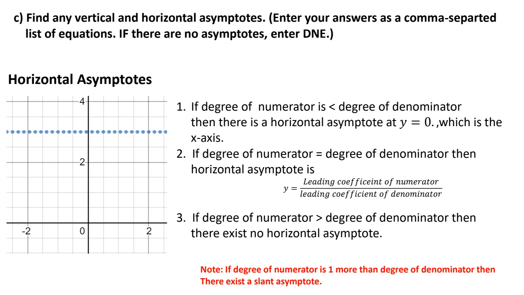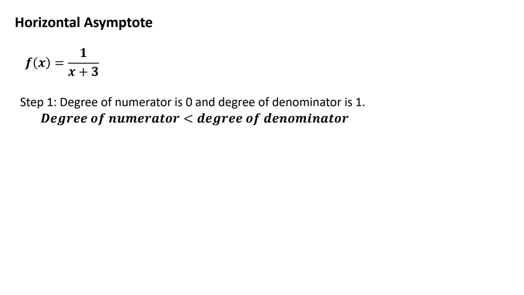So let's look at our example that we've been working with. We have f of x is equal to 1 over x plus 3. Let me write it again to help out a little bit. My numerator, I can write as x to the 0, because anything to the 0 power is going to give me 1.